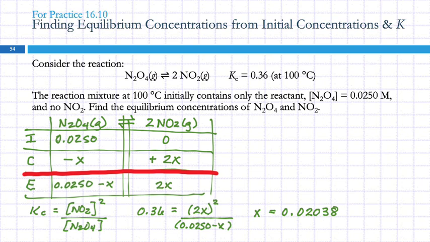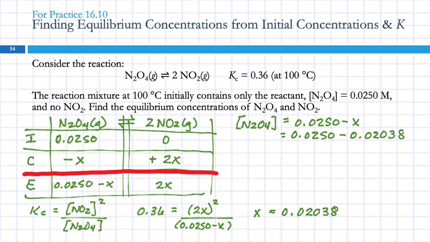So now that we have X, we can figure out what the equilibrium concentrations are. So for the N2O4, that was 0.0250 minus X. So that's 0.0250 minus 0.02038. 0.00462.